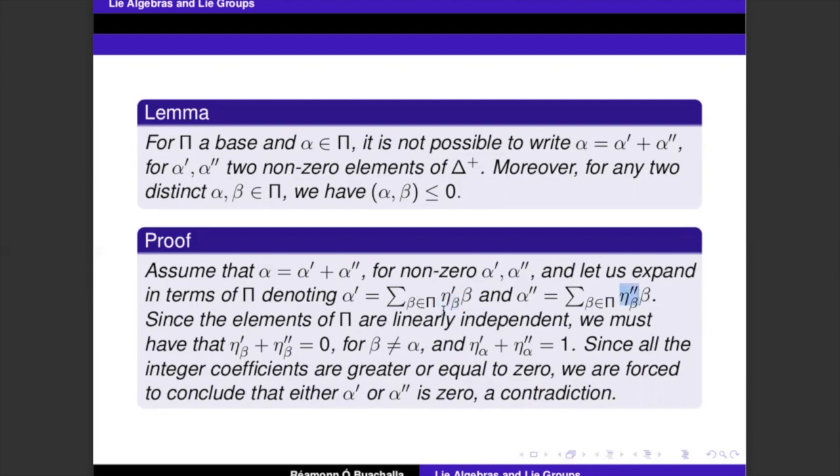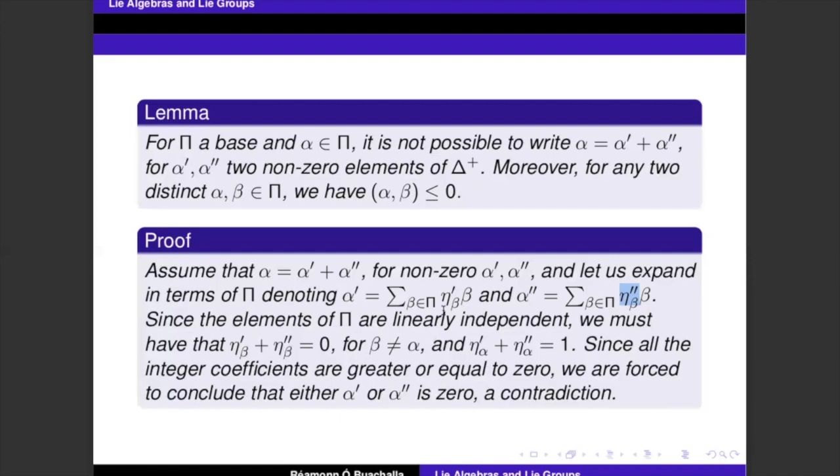These are elements of the base. We can expand them out because remember that one of the conditions of the base was that any positive root could be obtained as a positive integer coefficient linear combination of the elements of the base.